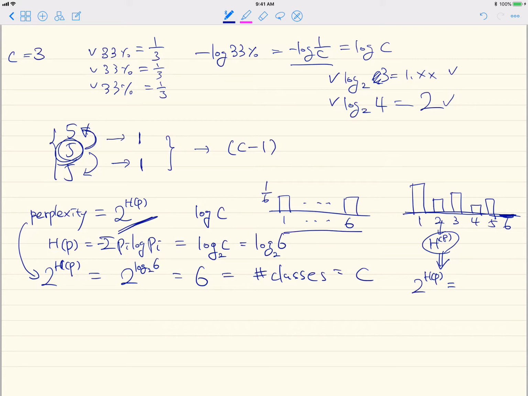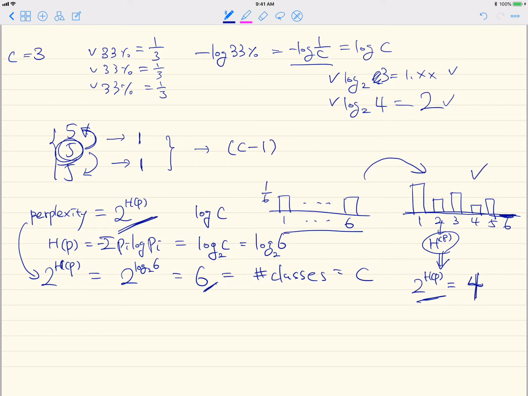In the case of maximal entropy, our perplexity will be 6, and in this particular case, which has a little bit less entropy value, suppose our perplexity value was maybe 4.